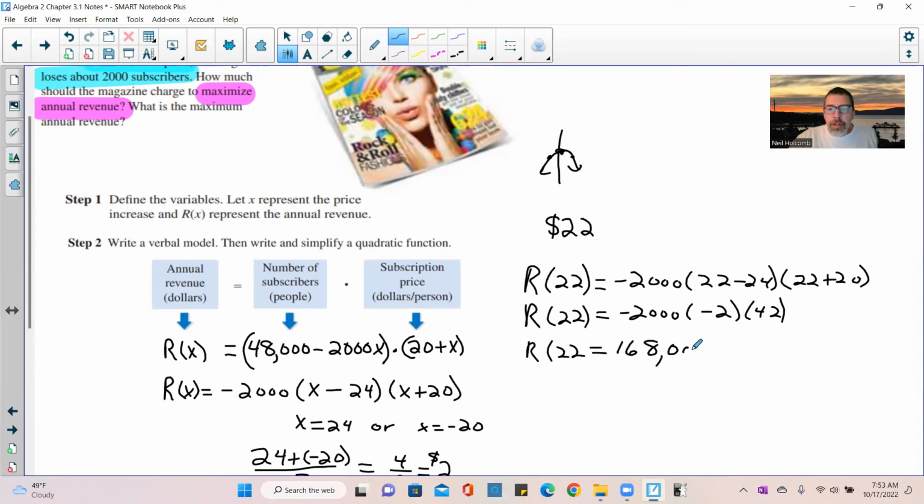It would be 168,000. Is that right? Or did I multiply this wrong? Let me see. Not 168, 968. Okay, 42 times 2 is 84. 84 and 84 is, well, hang on, let me check.